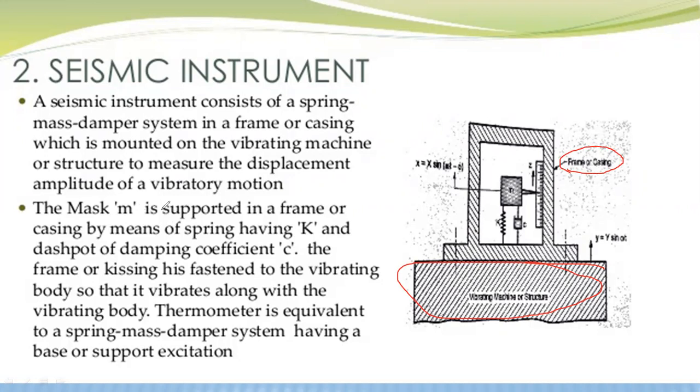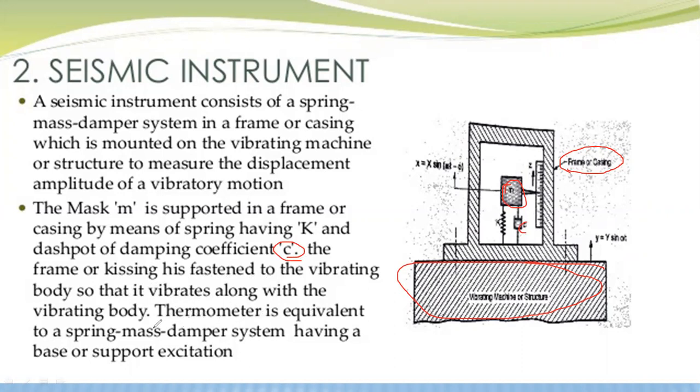The mass M is supported in the frame or casing by means of a spring having stiffness K and a dashpot of damping coefficient C. So the frame or casing is fastened to the vibrating body so that it vibrates along with the vibrating body.